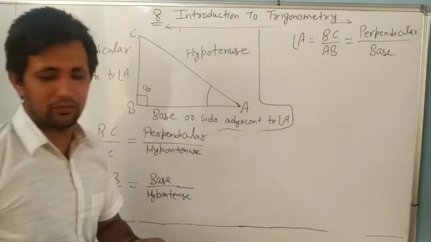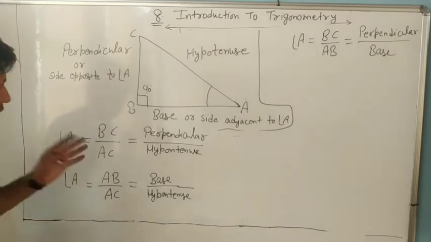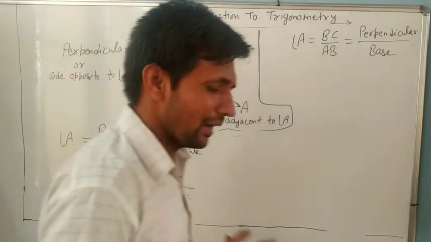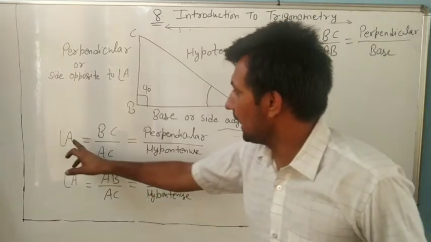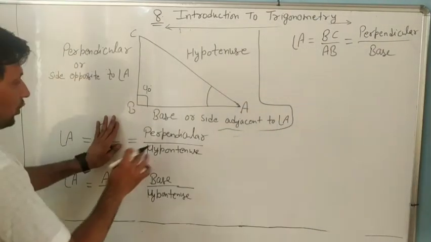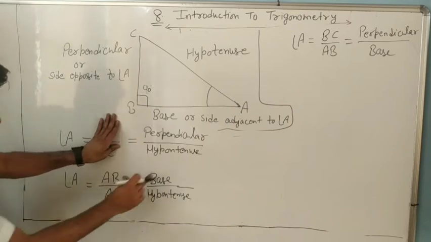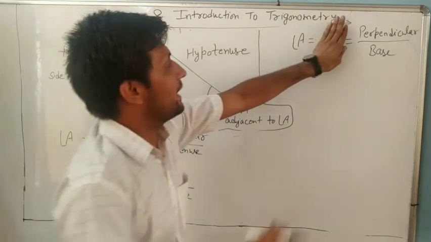Look at here, now one thing. We observe that every time angle A is equal to perpendicular by hypotenuse, angle A is equal to base by hypotenuse, angle A equal to this one.